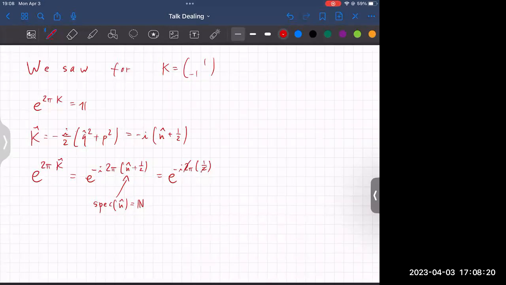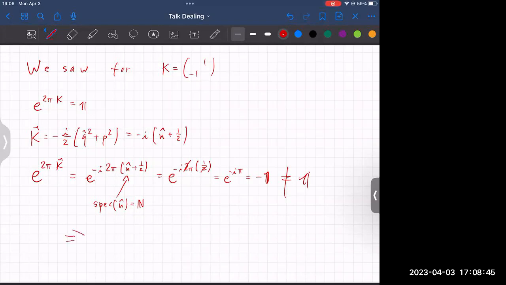We cancel the 2, and we arrive at this beautiful formula e to the minus i pi, which we know is minus 1. And of course, here as an operator, this is the identity operator. So we see that this is not equal to the identity operator because it's minus the identity operator.